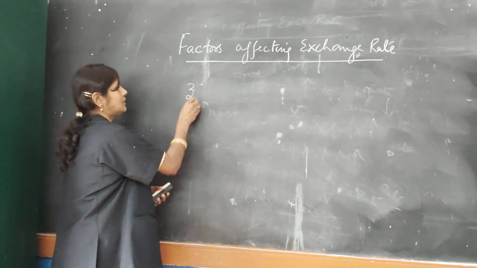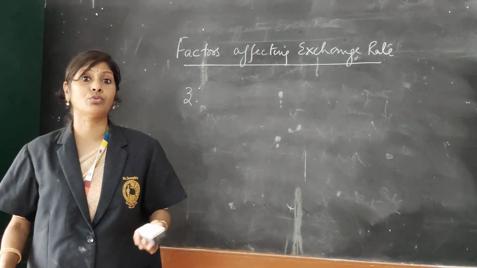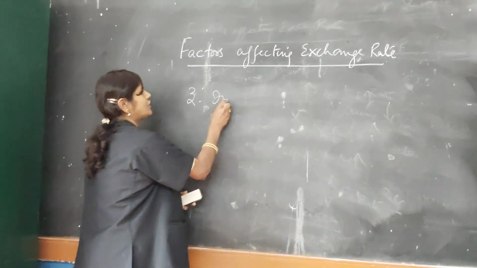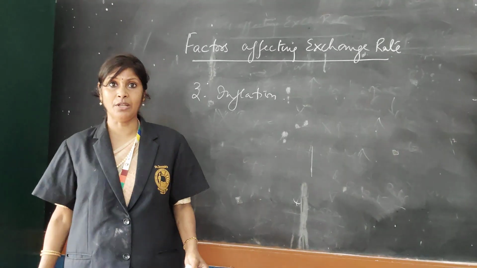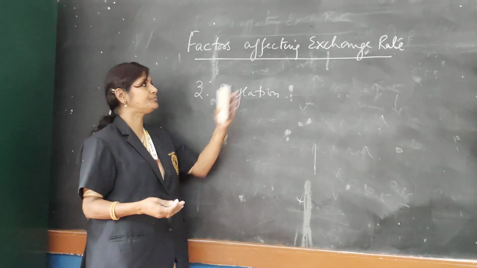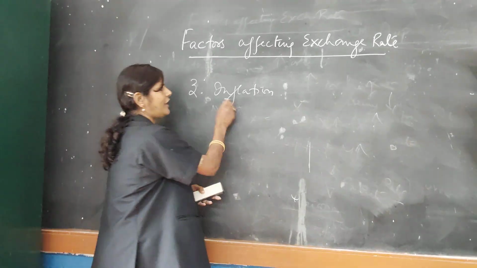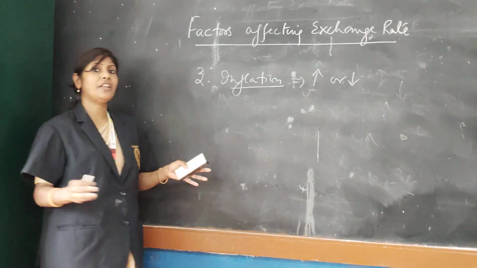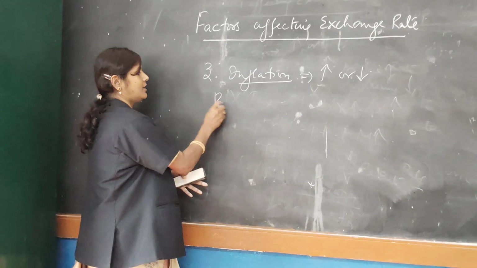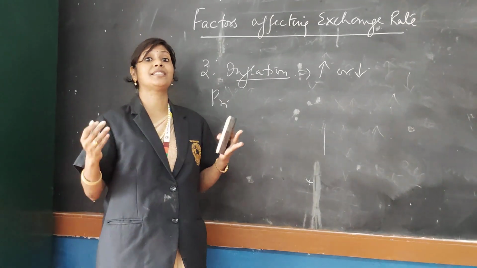Next, the third factor that you can come up with is inflation. Inflation is a very important economic variable which influences the exchange rate. When we talk about inflation, again, whether it increases or decreases. Inflation is nothing but the increase in the price level.